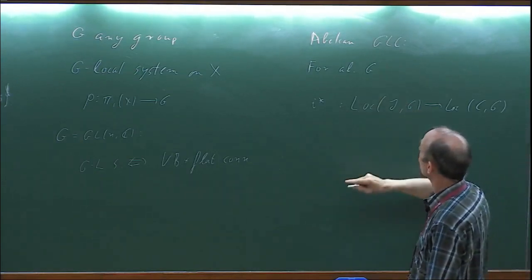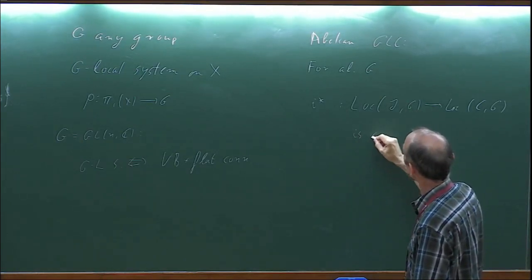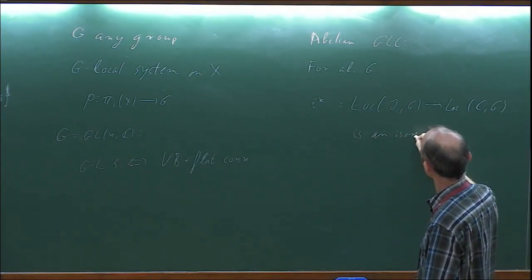The abelian version of the geometric Langlands conjecture says that this is an isomorphism.